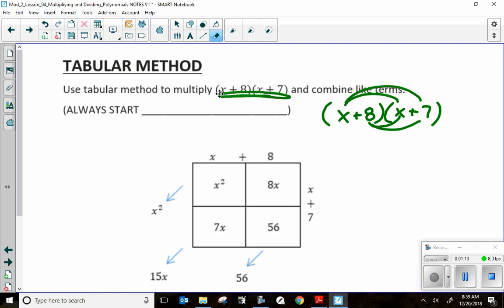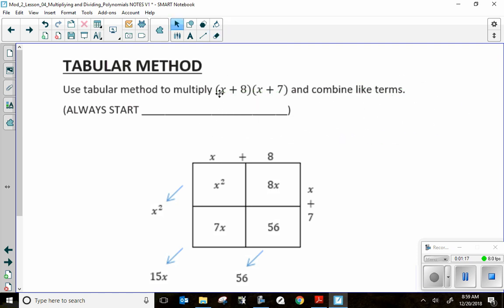But we can get to situations where I'm not multiplying 2 by 2. I might be multiplying 3 terms by 3 terms, or 4 terms by 3 terms, and it gets a little crazy. And what we have here, this tabular method, is a really, really good organizational way to multiply. So let me just explain it right now.